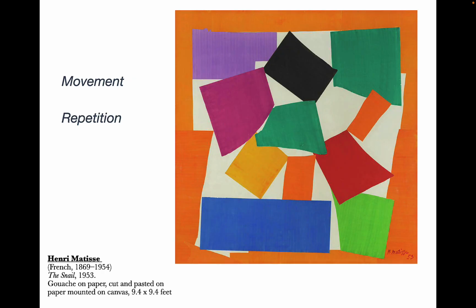So not exactly the same, but a similar process. This is called The Snail by Henri Matisse. And we can see movement in that it's sort of creating a spiral or a circle, the way that these shapes are cut out. And it's also using repetition, using the same type of shapes over and over.